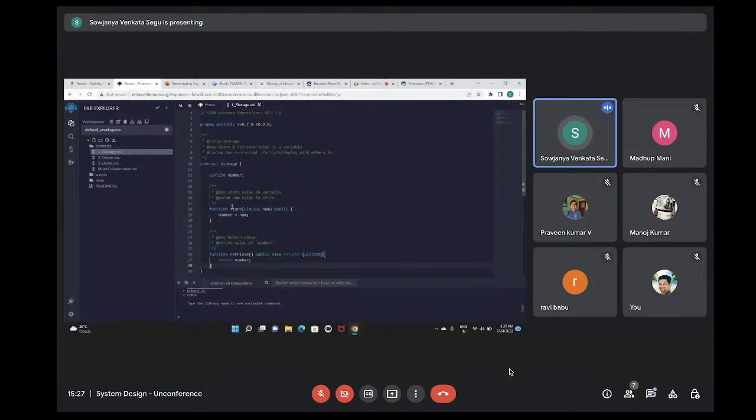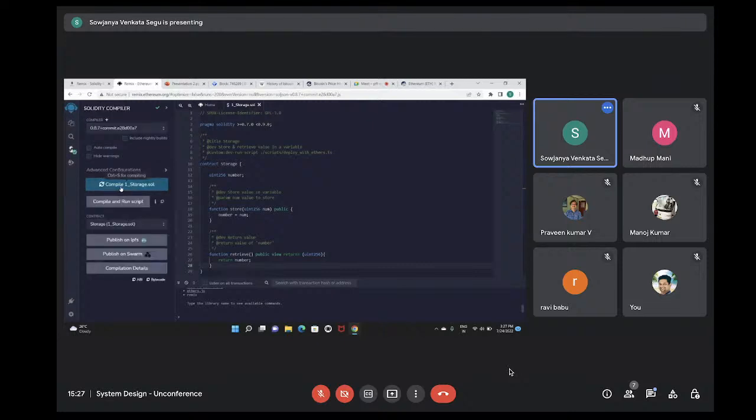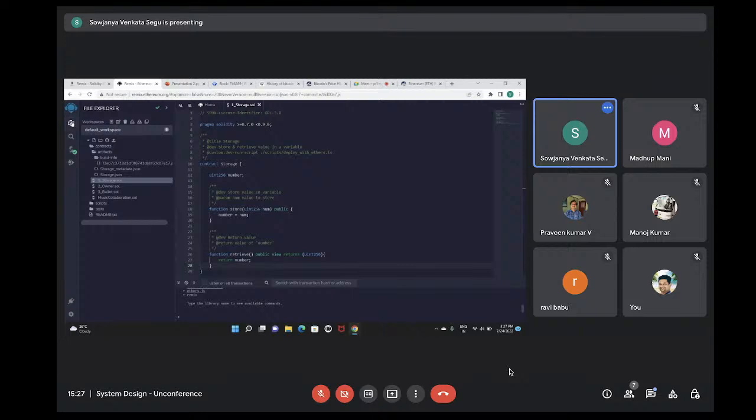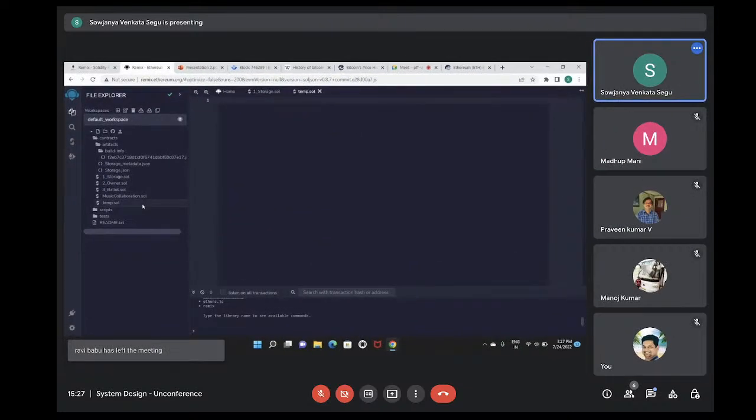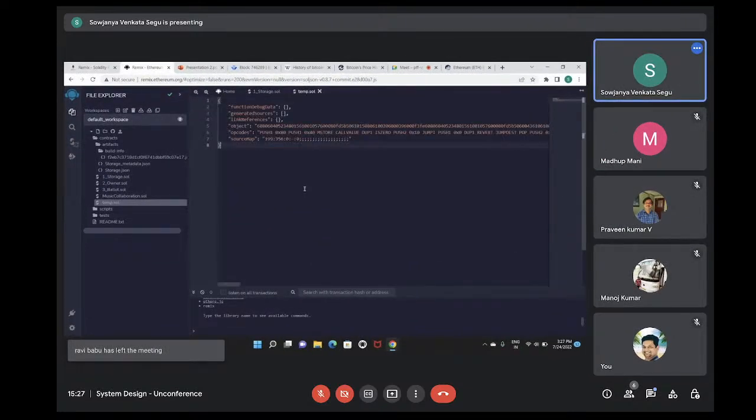This smart contract has to be compiled. Once we compile, it will generate bytecode. This is the bytecode.